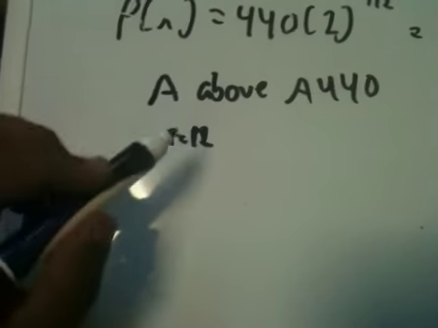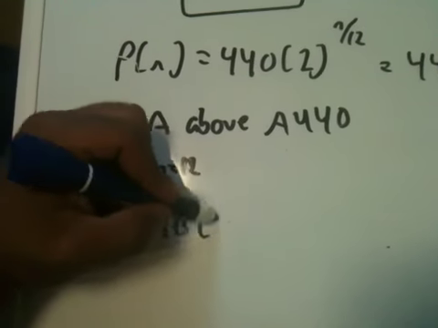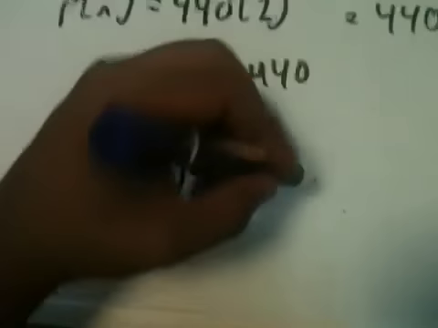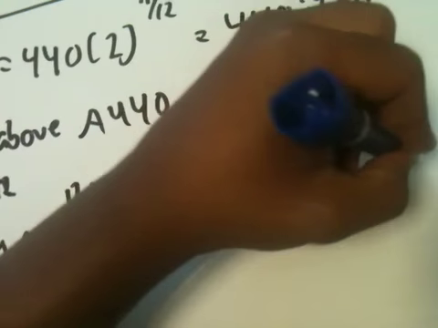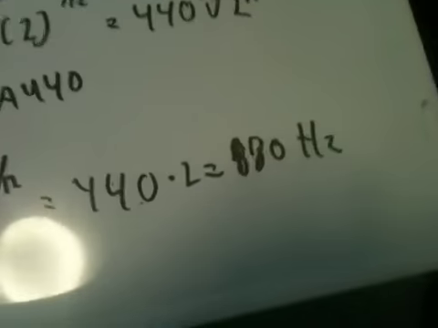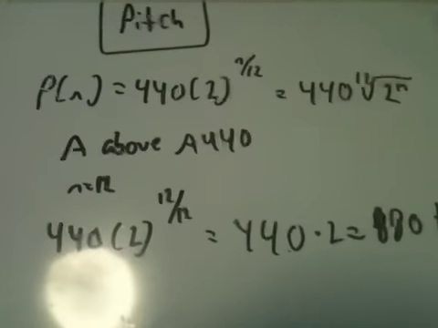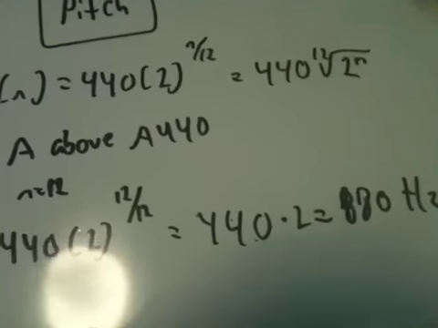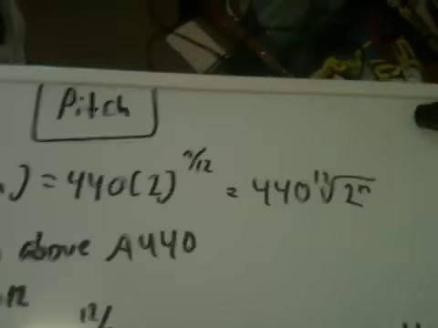So this would be 440 times 2 to the 12 over 12, which is the same thing as 440 times 2, or 880 hertz. Simply put, if you take a note and then the note an octave above, that note will have a frequency double that of the note one octave below.